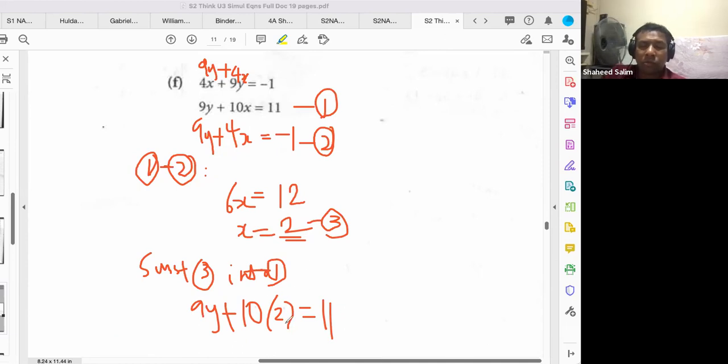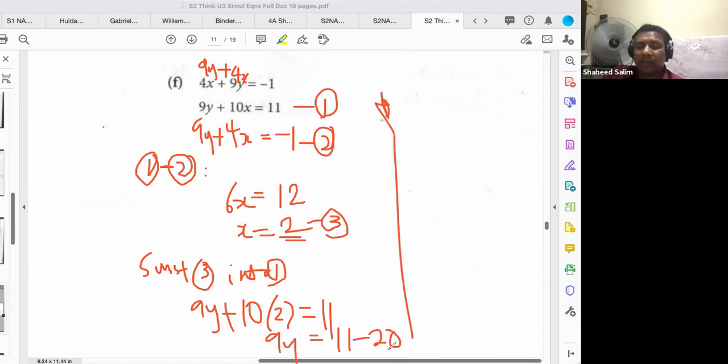So now 10 times 2 is 20. Plus 20 here, you bring over to the side, you get minus 20. 11 minus 20 equals 9y. So what is 11 minus 20? 11 minus 20 is minus 9.